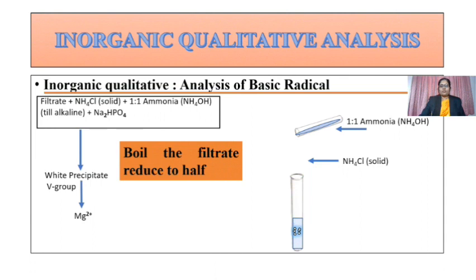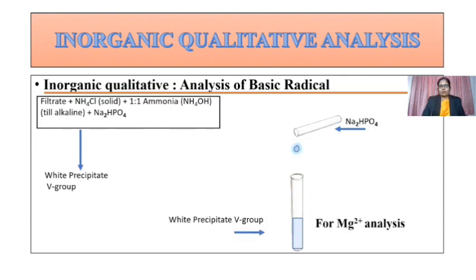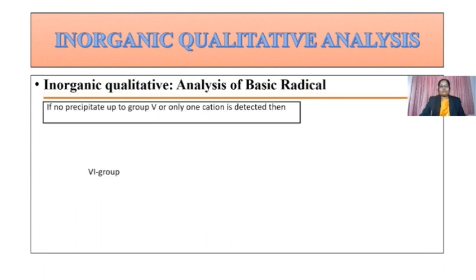Here Mg2+ is the only radical present in this group. Now add the Na2HPO4 to the same solution. If a white precipitate is obtained, it means fifth group is present, and use this solution for the analysis of Mg2+. The last step is the sixth group analysis.